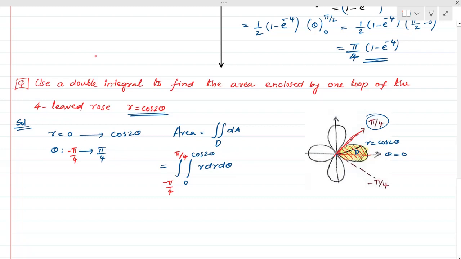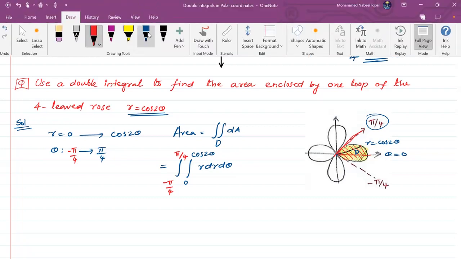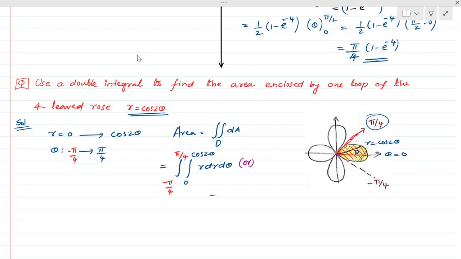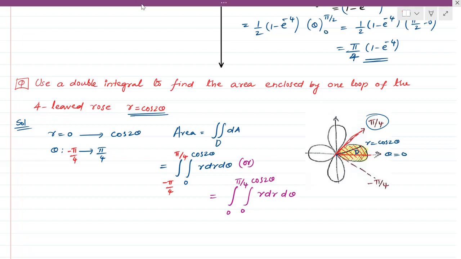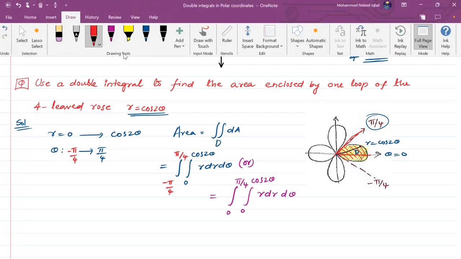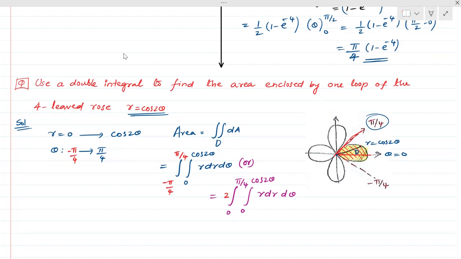Since it is symmetric, I will multiply by 2: integral 0 to cosine 2 theta of r dr d theta, but only the limit changes, 0 to pi over 4. Since it is symmetric, I multiply by 2 because I calculate only the upper part and then multiply the area by 2 to get the full area.